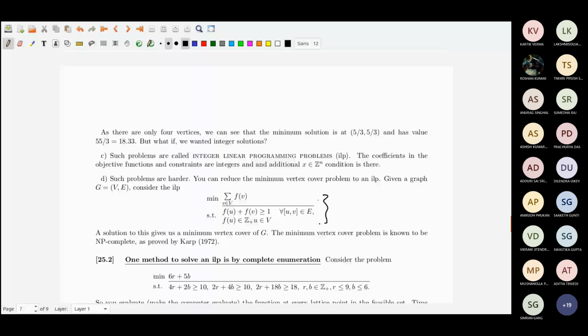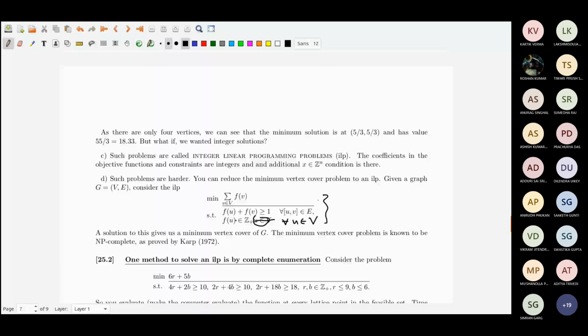Suppose that you have a graph, and at every vertex you want to write down a number, 0, 1, 2, a non-negative integer, in Z plus, for all u belonging to V. So you imagine a graph, and at every vertex you are asked to write non-negative integers, 0, 1, 2, 3, 4, whatever you want to write.